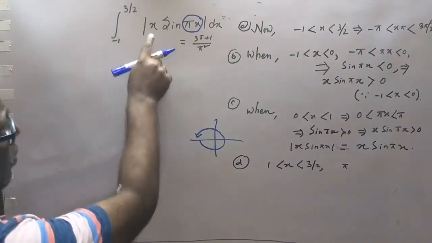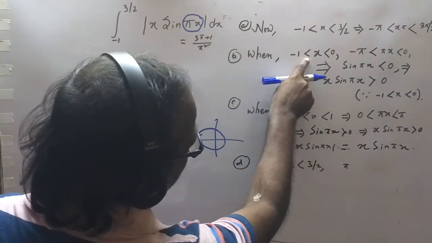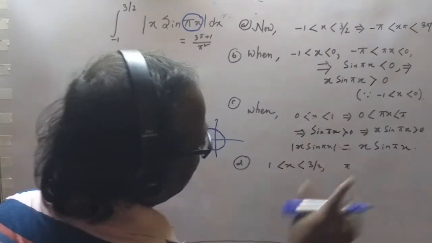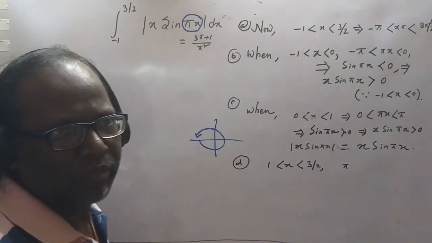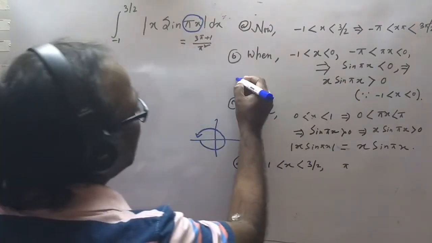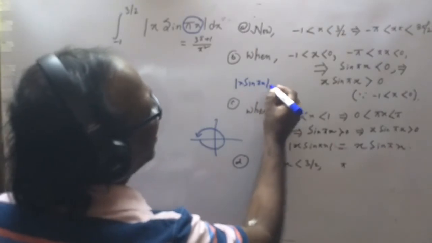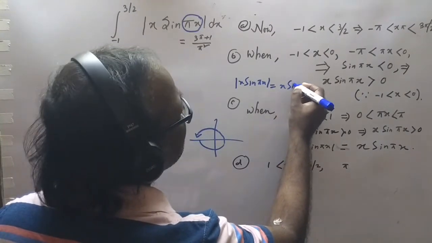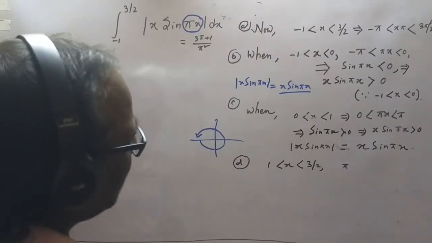Therefore x is negative and sin of this is also negative, so their product is positive. Negative into negative is positive. So you can take mod of x sin pi x equal to x sin pi x, up to 0.